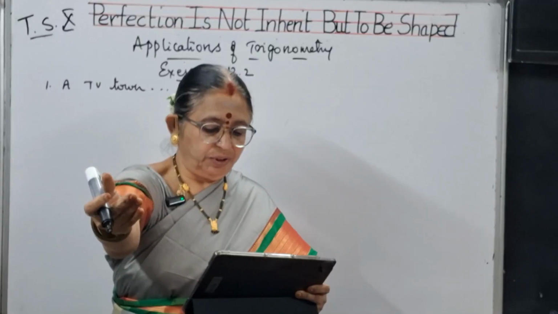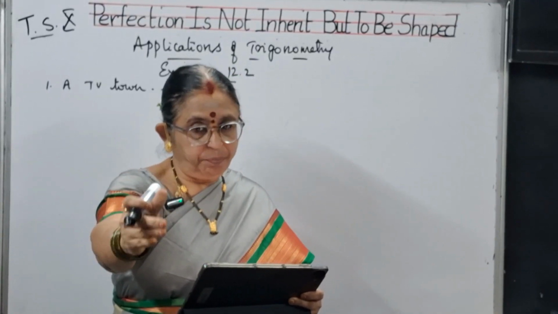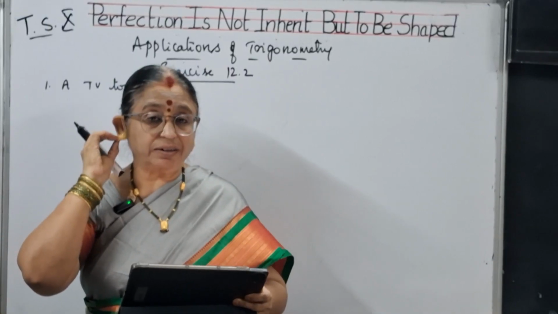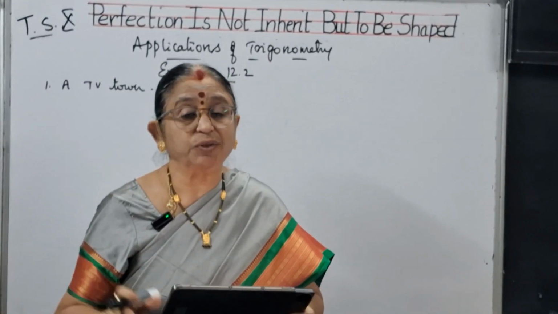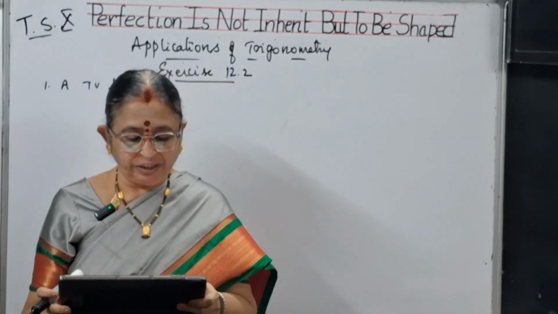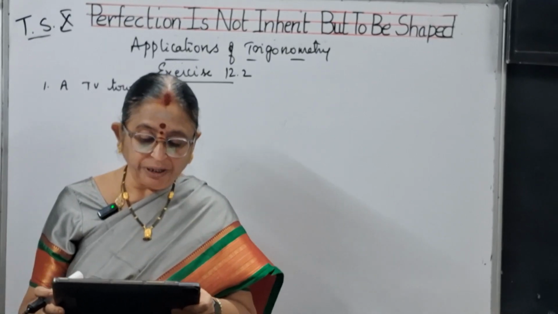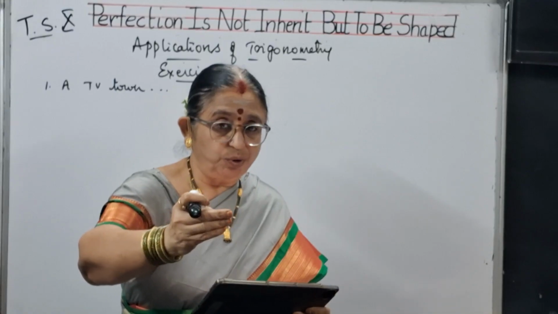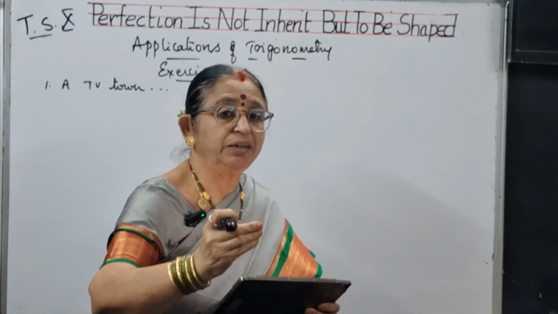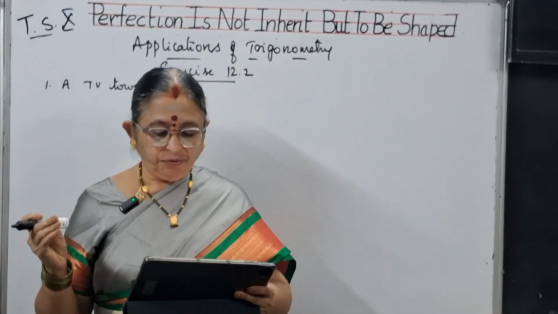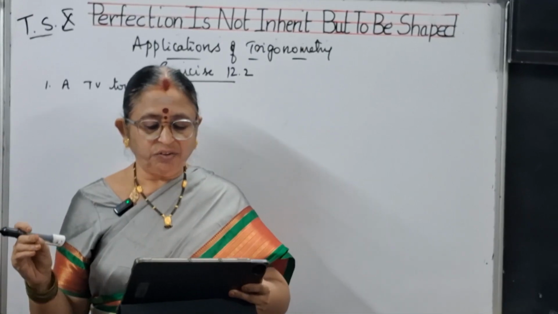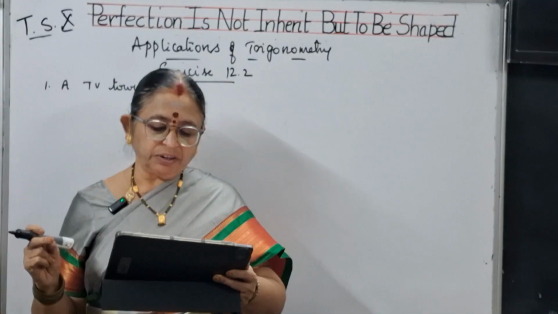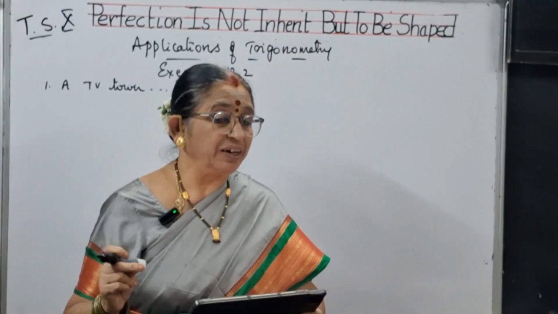On the other side of the road, from that point, when they have seen the angle of elevation of the top of the tower, it is observed to be 60 degrees. And from another point, 10 meters away from this point, he traveled 10 meters away. Then he found, on the line joining this point to the foot of the tower, the angle of elevation of the top of the tower is 30 degrees.